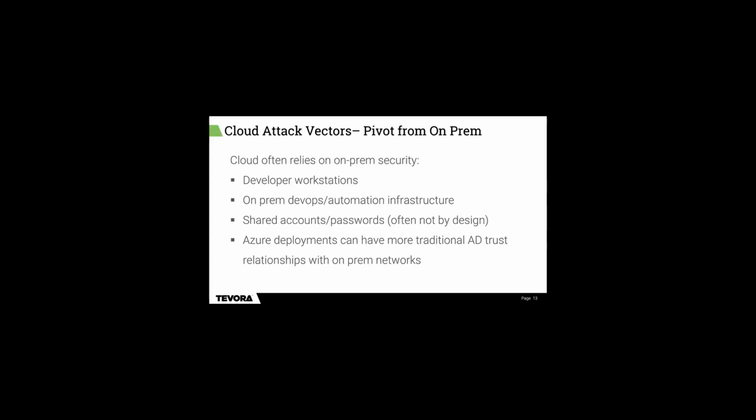Yeah, no worries. But there are a lot of things on-prem that can affect cloud security. One of the big things is developer workstations. Developer workstations are a high-value target for attackers because they have a higher chance of having sensitive or valuable data on them that you could use to pivot to the cloud environment. For example, SSH keys are a big one.